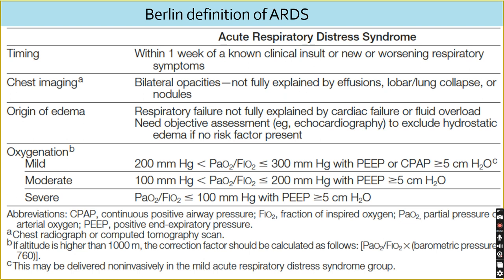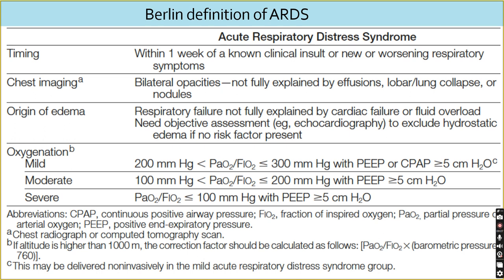And the fourth and most important criterion is the level of oxygenation. Depending on oxygenation, ARDS is divided into mild, moderate, and severe. If our PaO2 to FiO2 ratio is less than 300 but more than 200, it is mild. If it is between 100 to 200, it is moderate, and less than 100 PF ratio with PEEP or CPAP is considered severe ARDS.